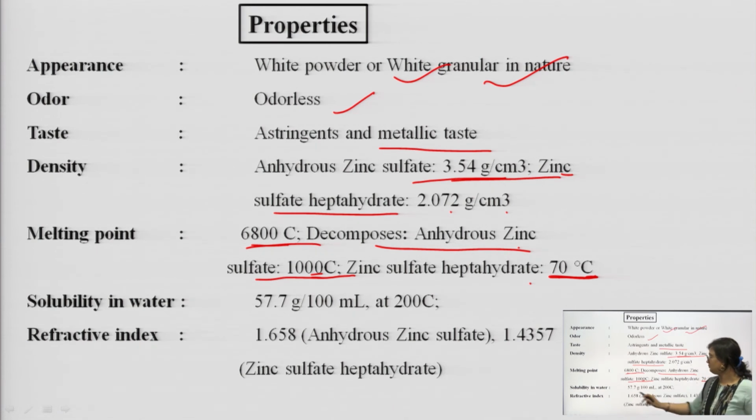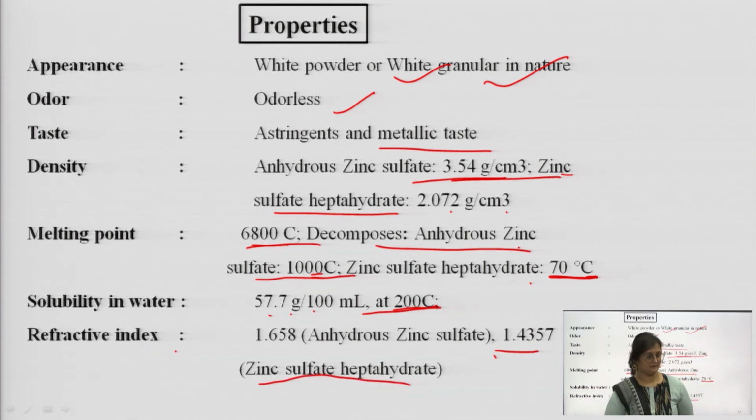Zinc sulphate is soluble in water in the ratio of 57.7 grams per 100 ml. The refractive index of zinc sulphate is 1.658. 1.4357 is the refractive index of zinc sulphate heptahydrate.